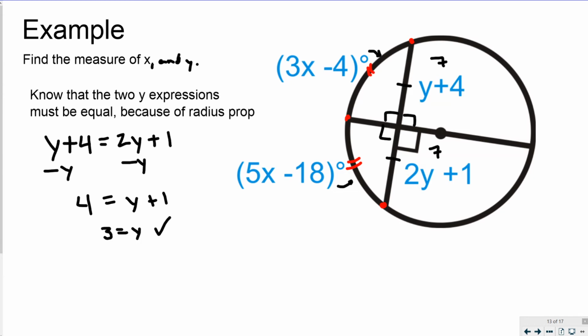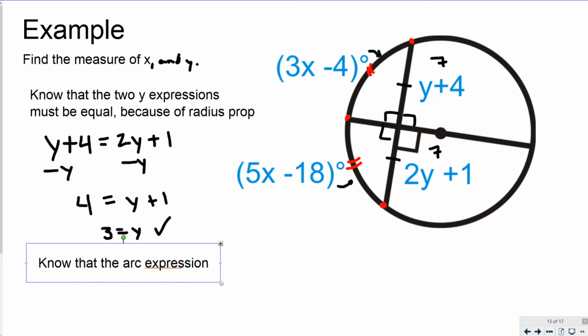So that means that I can write another equation, and so I know that the arc expressions must be equal.